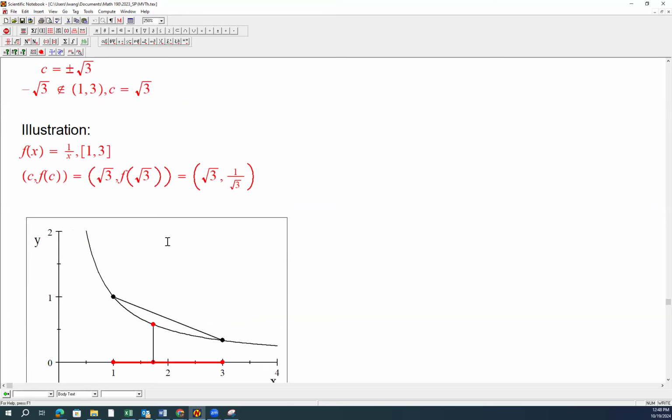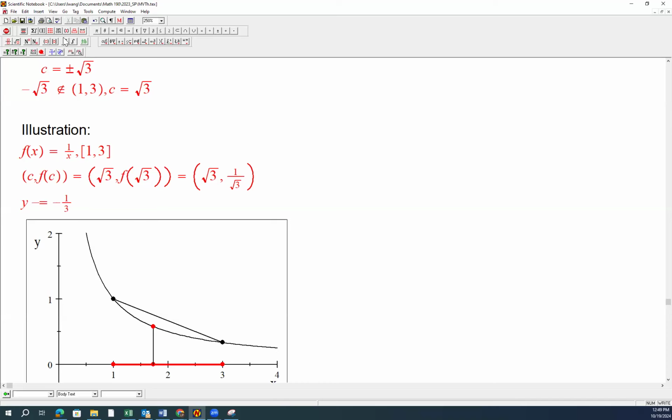All right, so now we're going to find the tangent line. The tangent line is y minus y1 equals the slope times x minus x1. I'm going to put the slope in place, right?